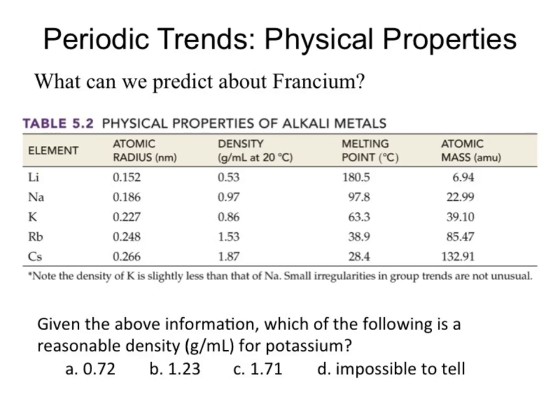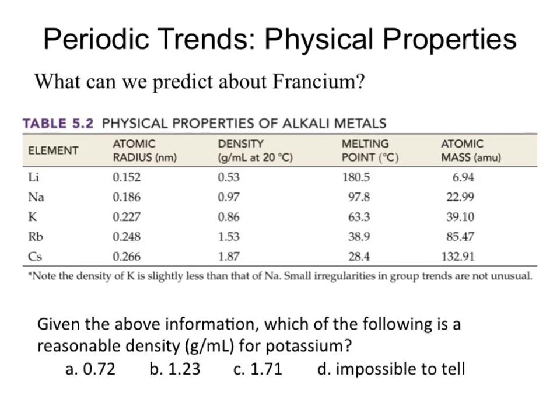Which of these answers is correct? No. 1.23. Why are you saying none of them? Because you know the answer. Could it possibly be 0.72? Does it make sense for the density to go down?